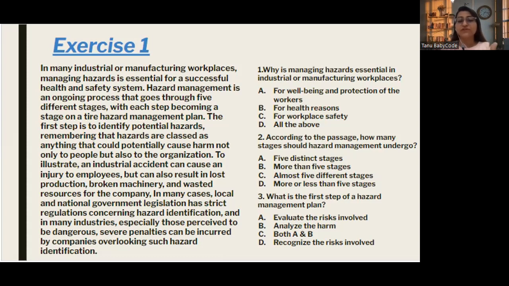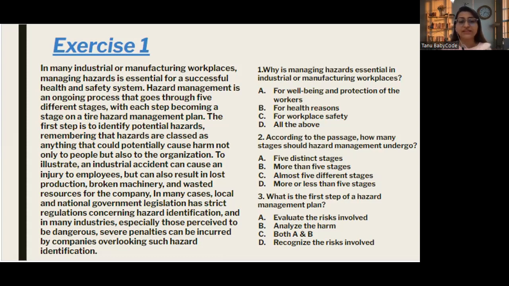Now, when I'm going to the first question, it says why is it essential? Why is managing hazard essential in industrial or manufacturing places? The first option says for well-being and protection of the workers. Second is for health reasons. Third says for workplace safety. And the fourth says all of the above.